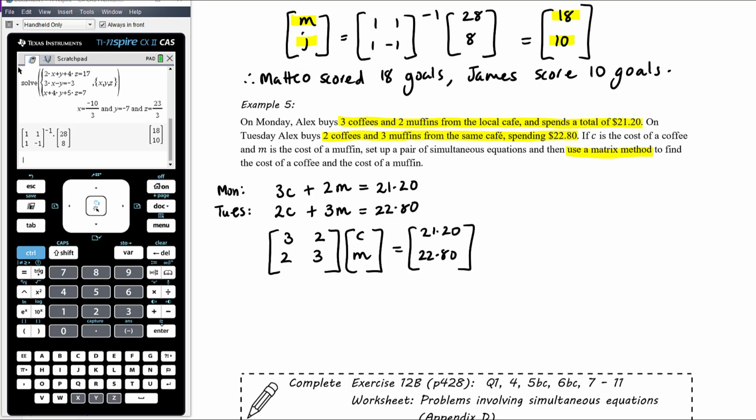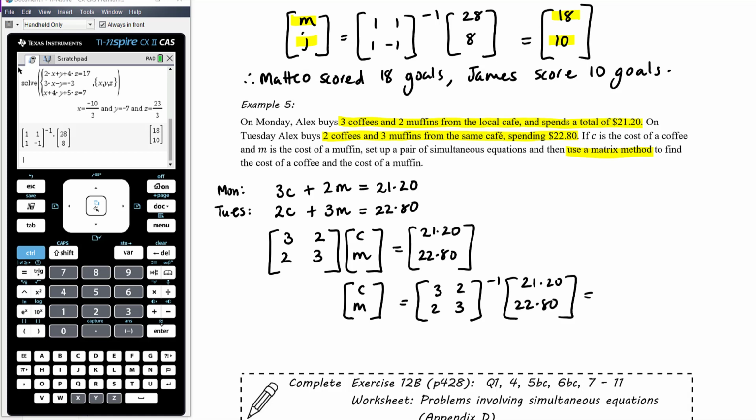Okay, now we know that to solve this matrix equation, we need to multiply it by the inverse of that, and multiply that by 2120 and 2280. So we can get our CAS to work that out for us, and then we should be able to answer the question.